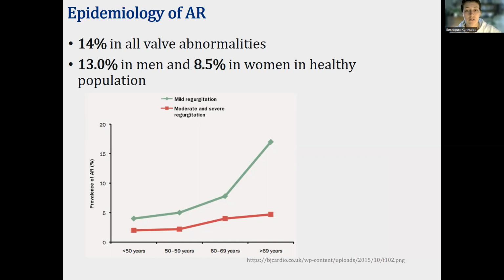The study revealed that the prevalence of aortic regurgitation is 13% in men and about 9% in women. The prevalence varied with age and disease severity.